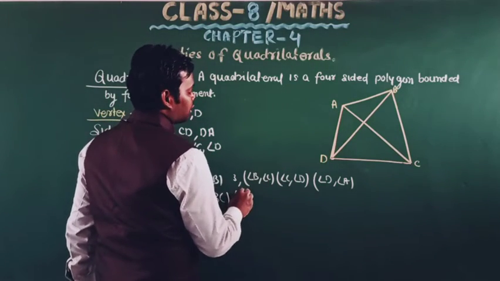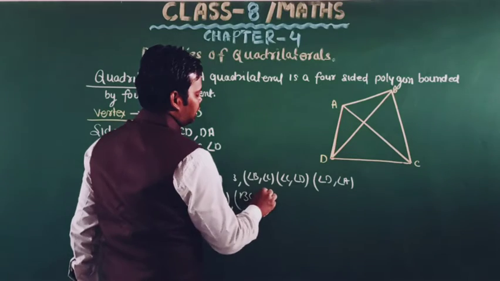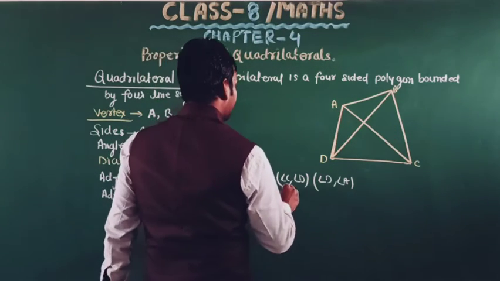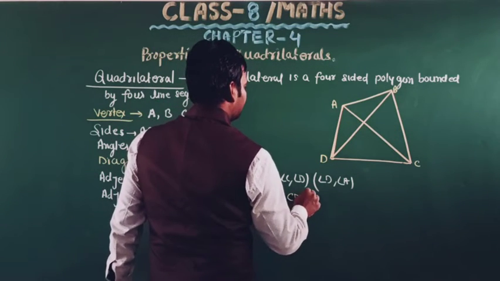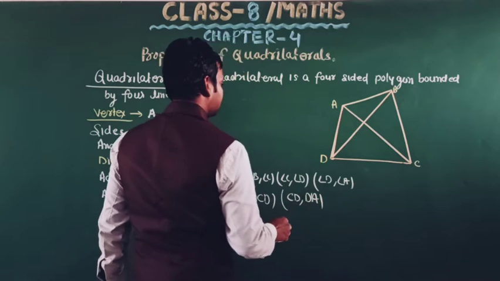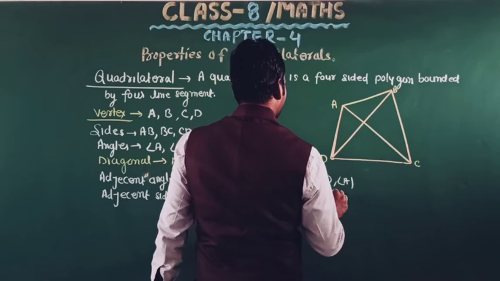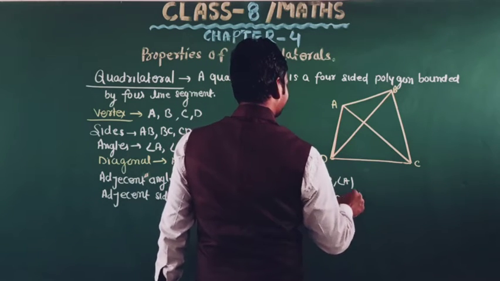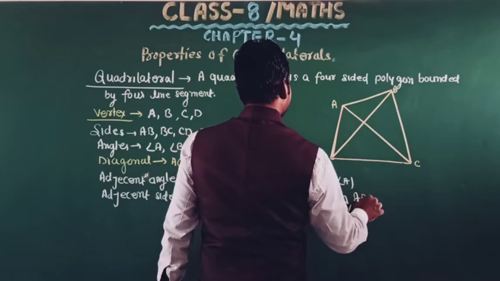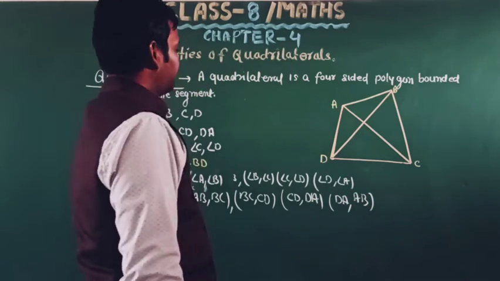Same, BC and CD are also adjacent sides. CD and DA are adjacent sides. And here DA and AB are also adjacent sides.